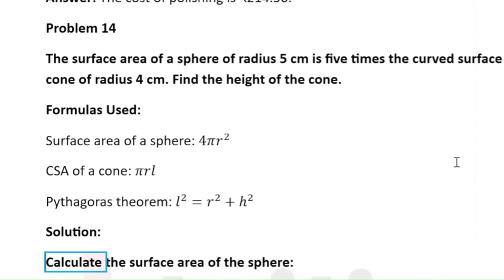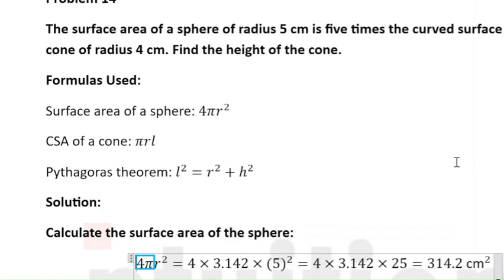Solution. Calculate the surface area of the sphere. 4 pi r squared equals 4 times 3.142 times (5) squared equals 4 times 3.142 times 25 equals 314.2 cm squared.